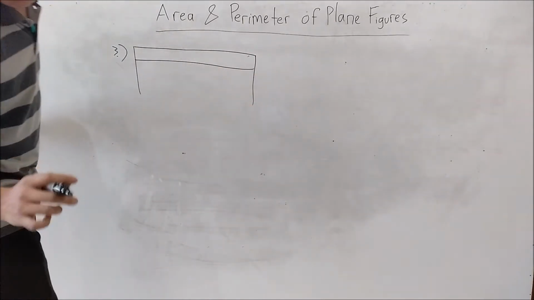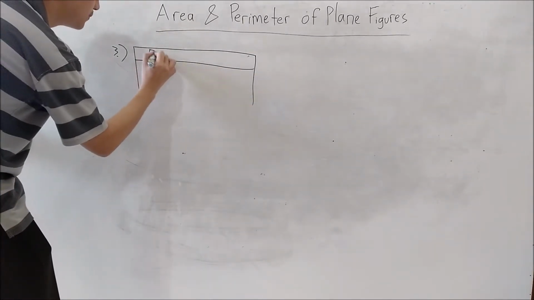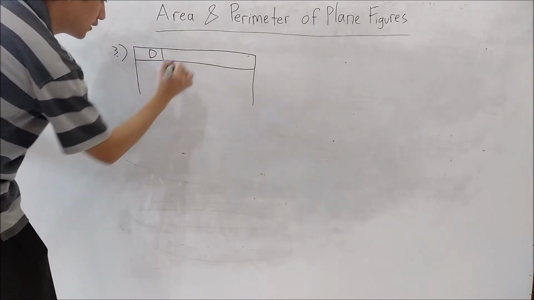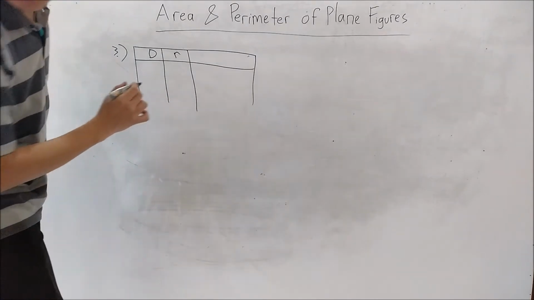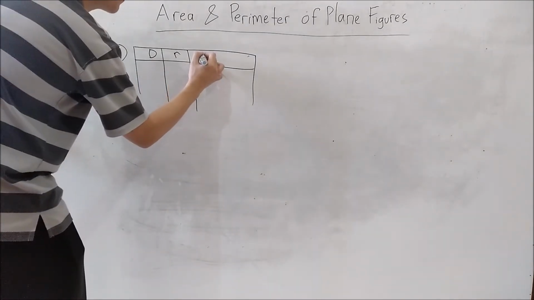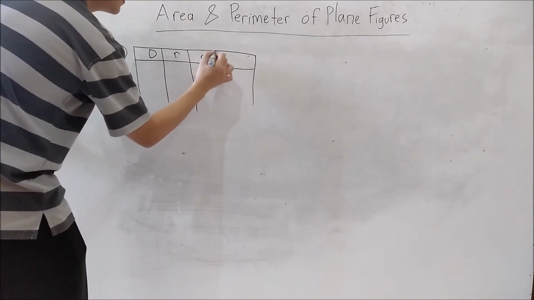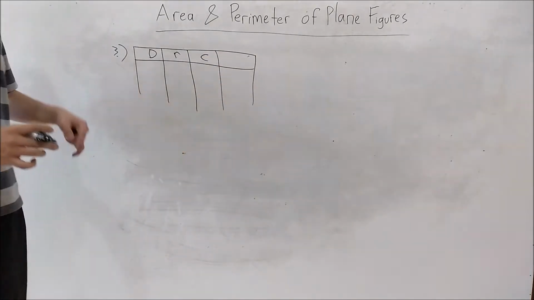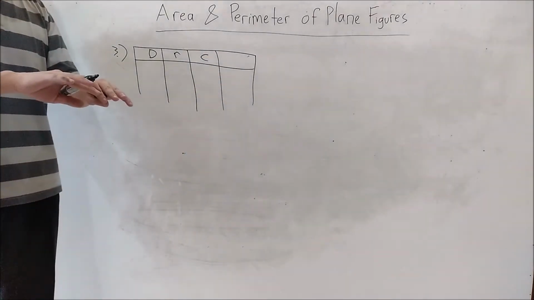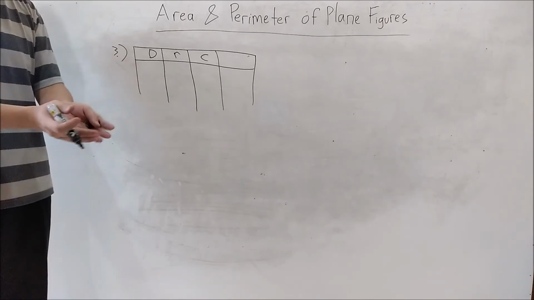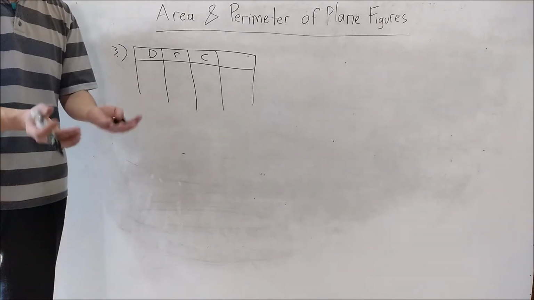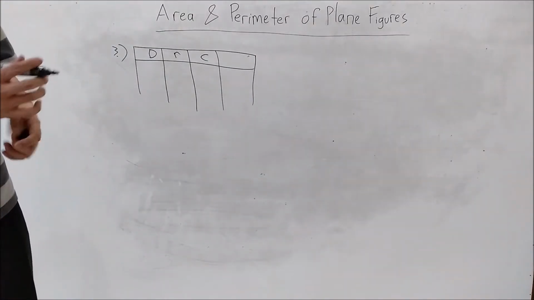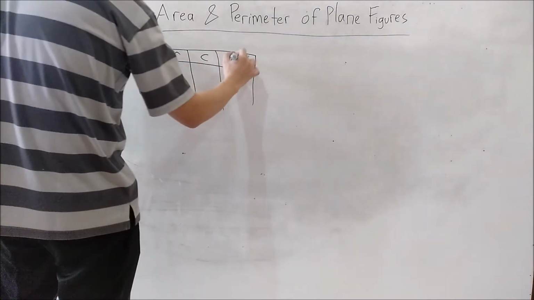It will be a diameter and then radius. What else? Circumference or perimeter. It is C, circumference, because it is a circle, so the side is all circular, so we call it circumference, but it is actually the same with perimeter. Okay, and then the last one is the area itself.